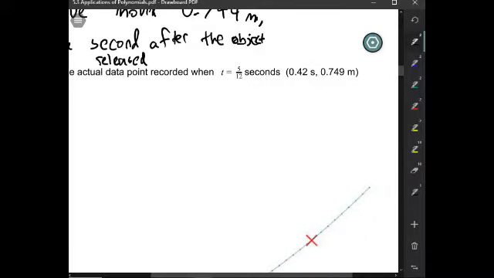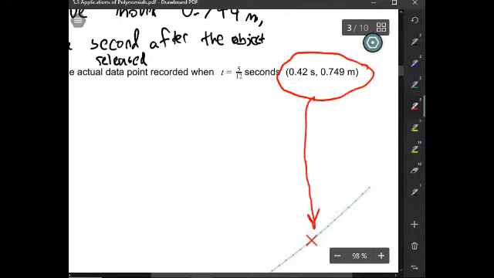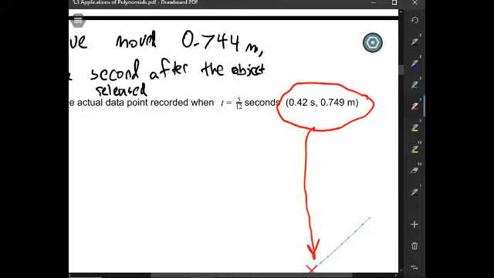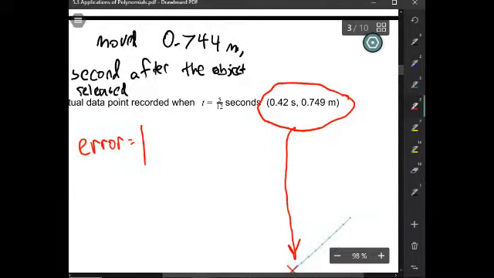Well, here's the actual data point right here. So at 0.42, about at 5/12, we have 0.749 meters. The error is equal to the absolute value of actual minus predicted.